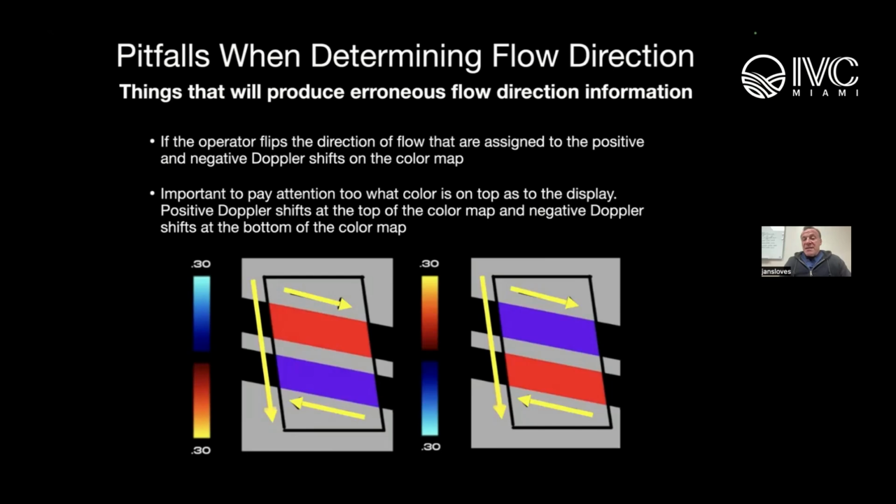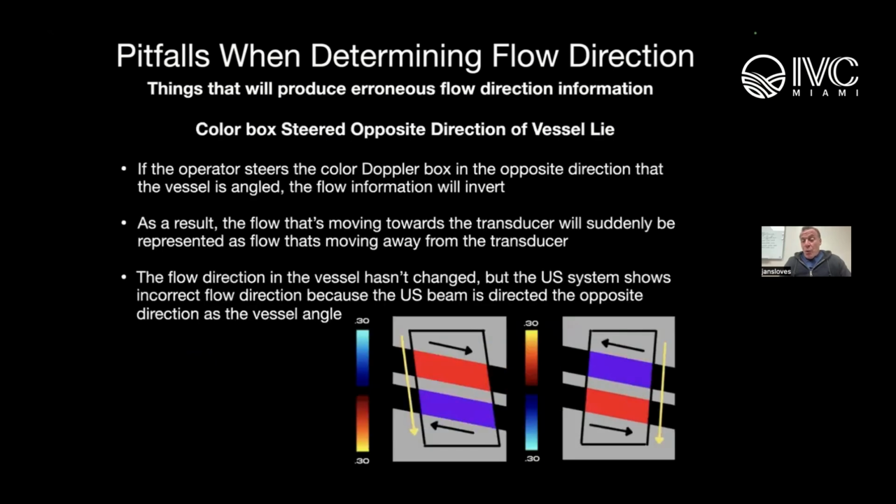So to take this a step further, some more pitfalls. How about when the color box is steered opposite to the direction the vessel lies? You kind of spoke a little bit to this earlier in this conversation. If the operator steers the color Doppler box in the opposite direction that the vessel is angled, the flow information will invert.